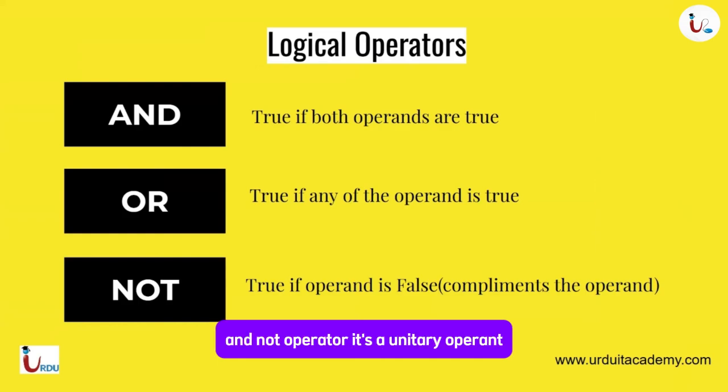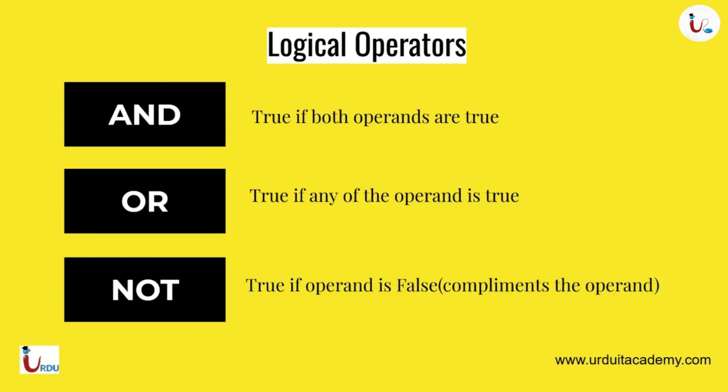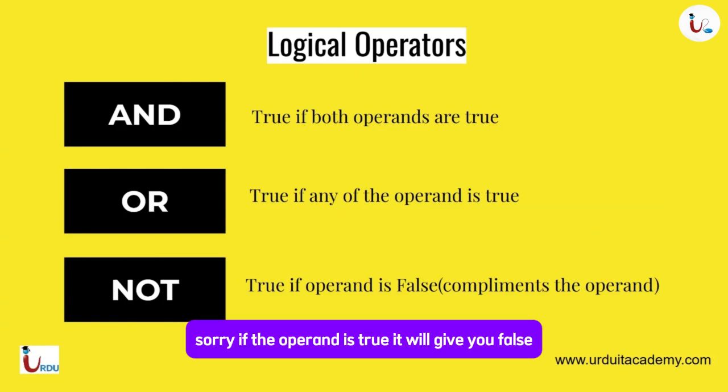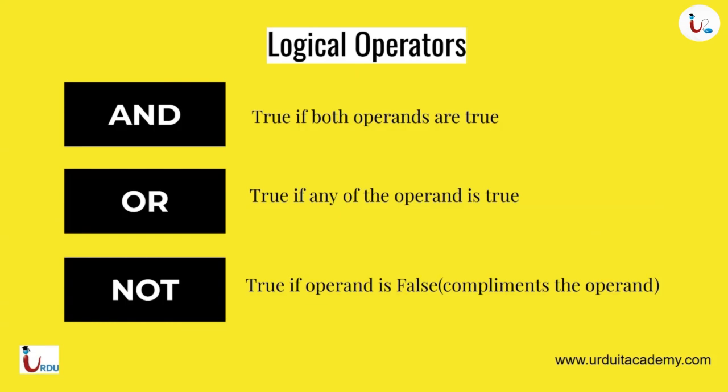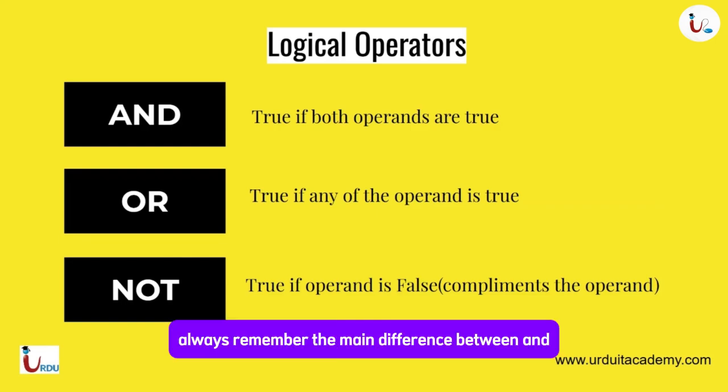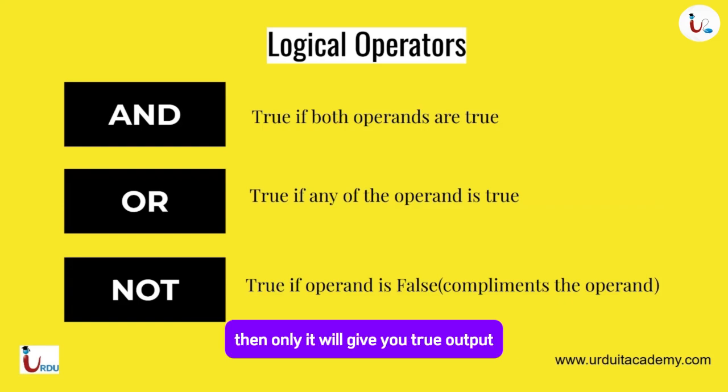And NOT operator, it's a unary operator, which means if the operand is true, it will give you false, and if the operand is false, it will give you true. Okay, so always remember the main difference between AND and OR. In AND operator, if all the operands are true, then only it will give you true output. Whereas in OR operator, if any one of them is true, it will give you a true output.